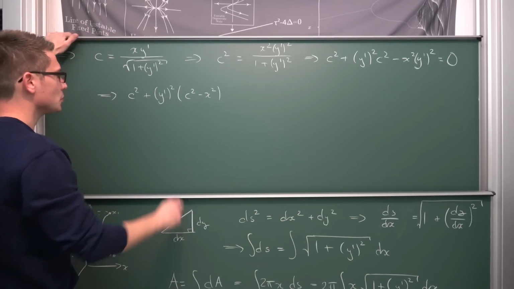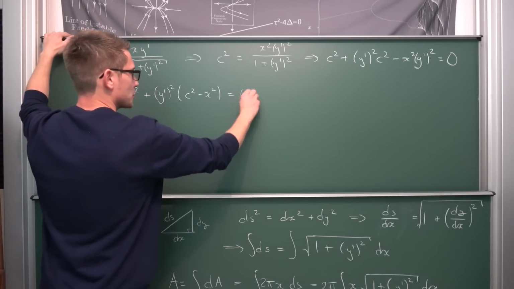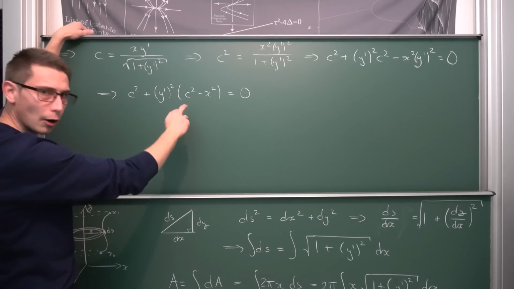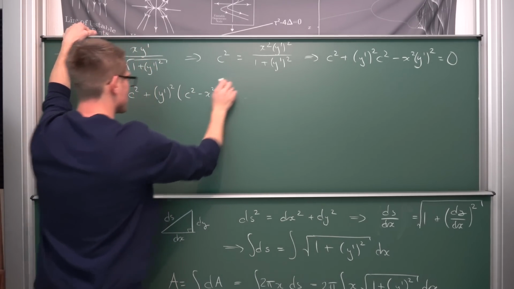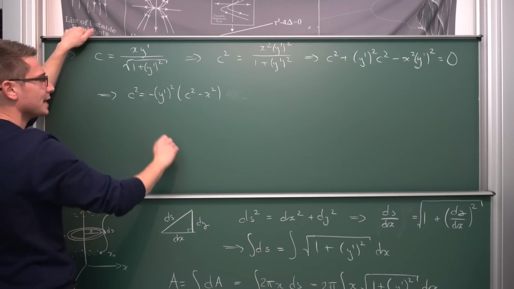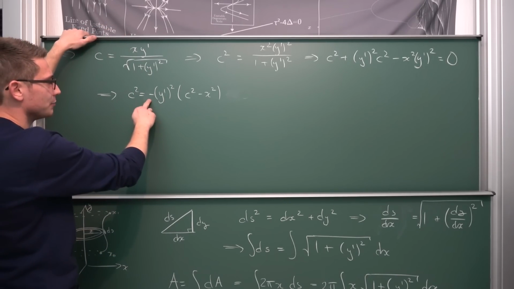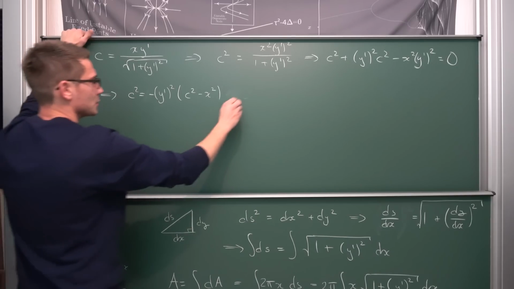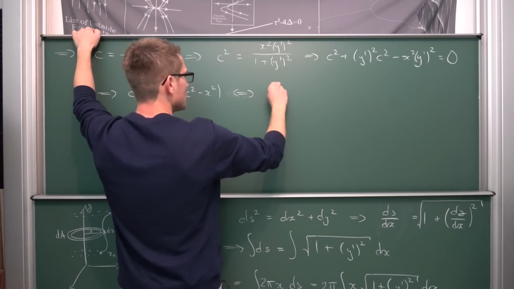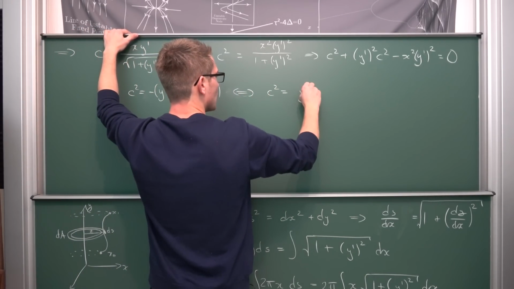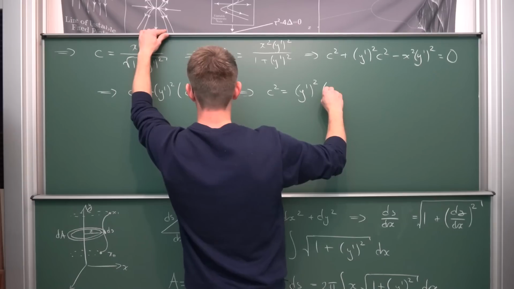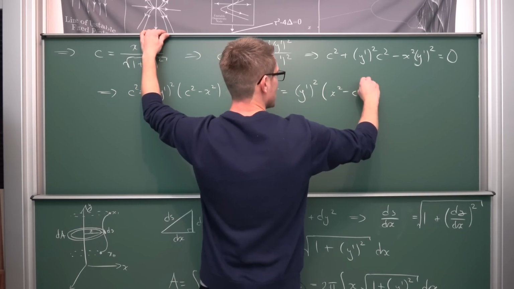And now what we're going to do is subtract this part on both sides, giving us basically an equivalent relation here with a negative in the front. If we got a negative here, we can move the negative sign into here, giving us overall c squared being equal to y prime squared times x squared minus c squared.